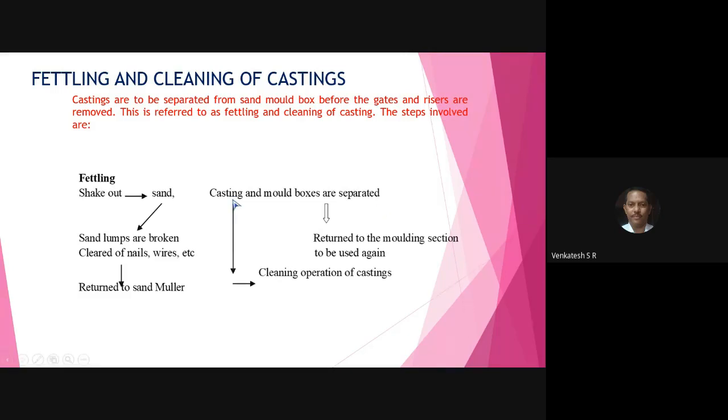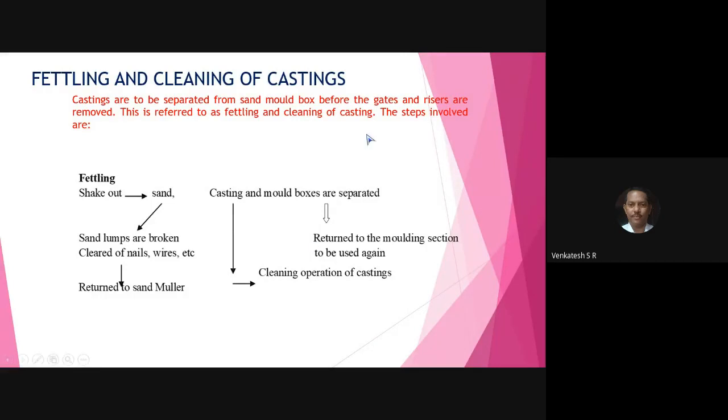Below the casting, draw the arrow mark like this, showing the cleaning operation of castings by shot blasting or sand blasting.